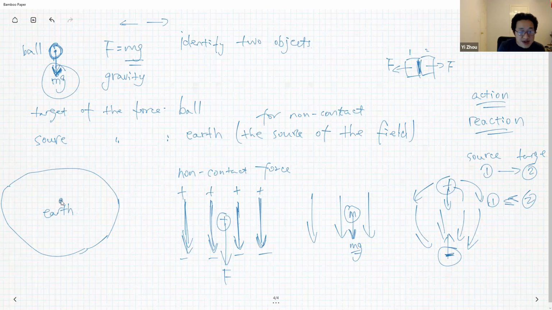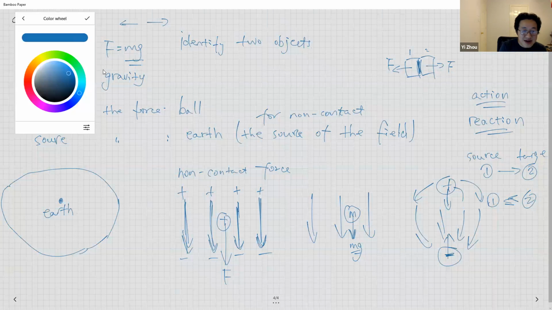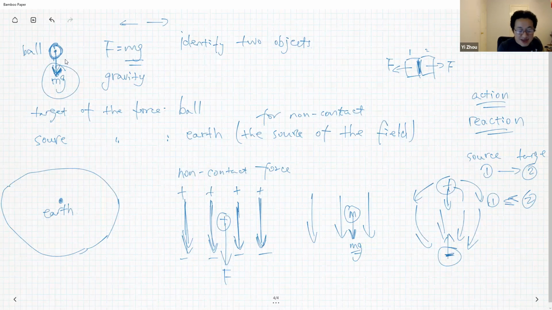This action force is acting on the ball, then the reaction force will act on the source, which is the Earth. So it's the Earth getting gravitational attraction from the ball, also with magnitude mg.